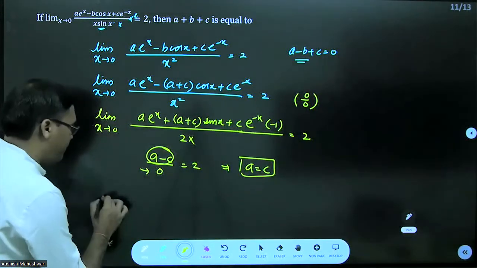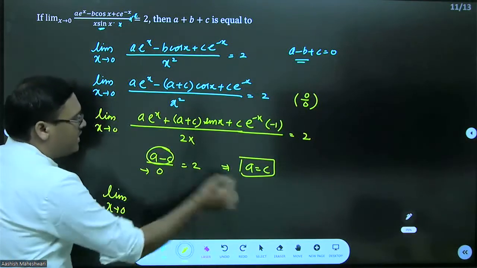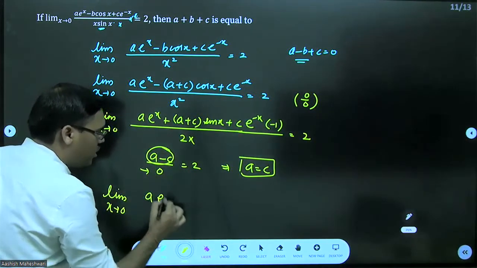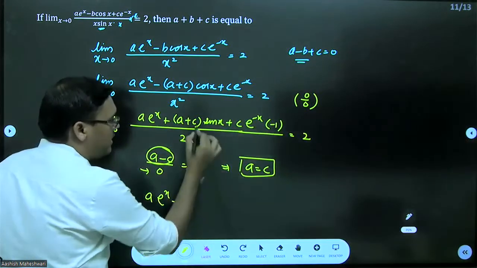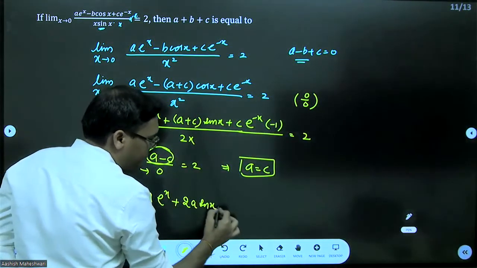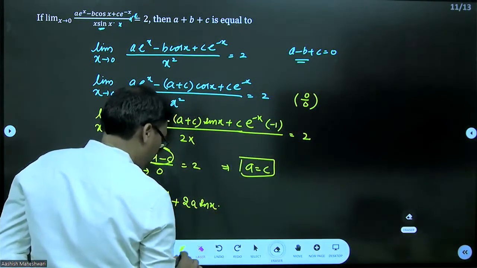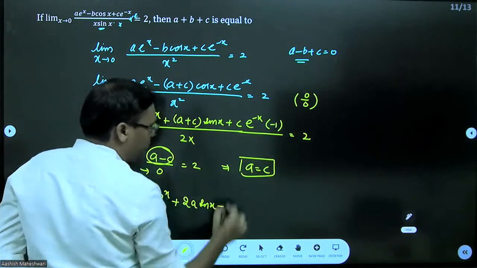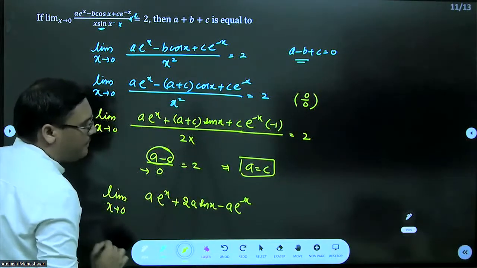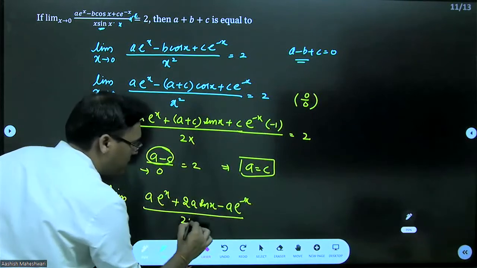So now see, this is limit x approaches 0. If a is equal to c, if I put all these values here, this is a e to the power x plus a, putting c equal to a, this is 2a sin x minus, this is a e to the power minus x, upon 2x, correct?